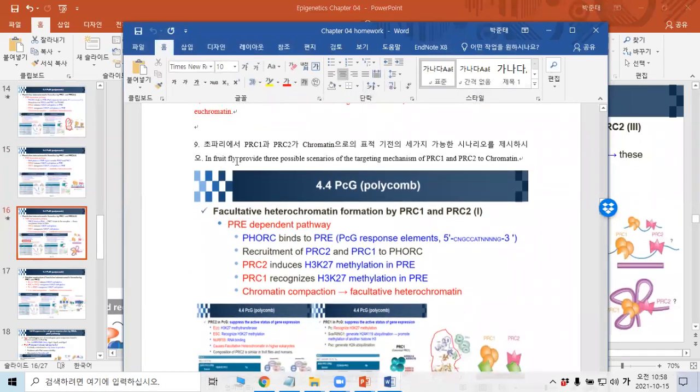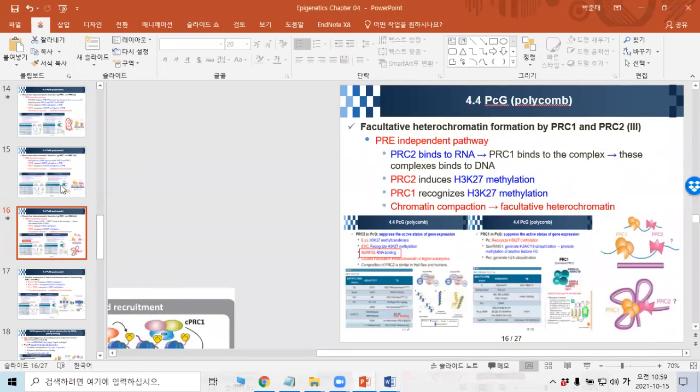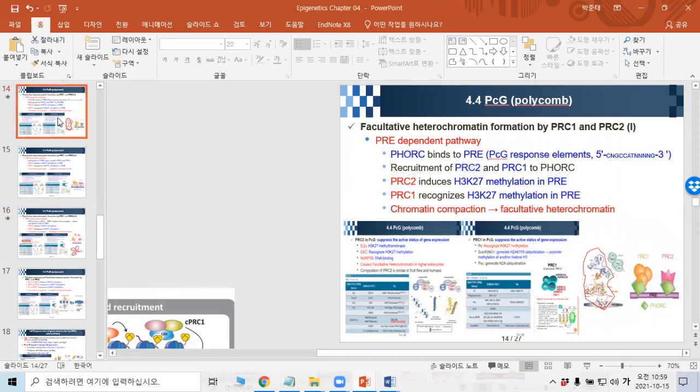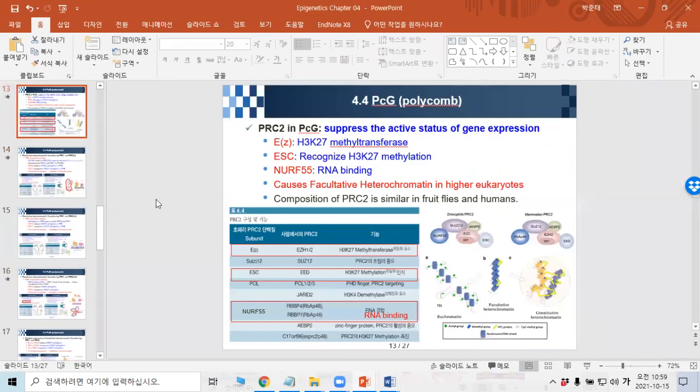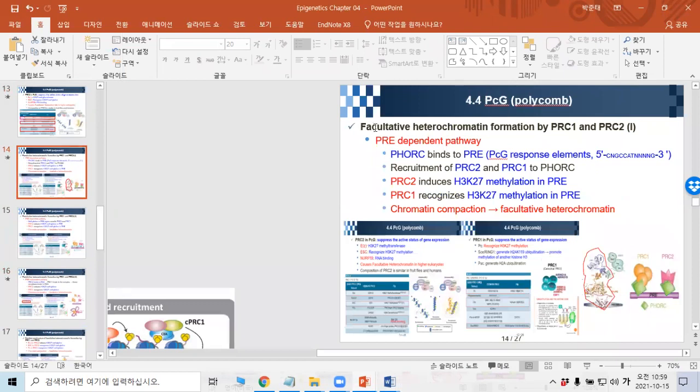So plot-wise, provide 3 possible scenarios of the targeting mechanism of PRC1 and PRC2 to the chromatin. There are 3 mechanisms like this. So in the actual exam, actually PRC1 and PRC2 will make the facultative heterochromatin.